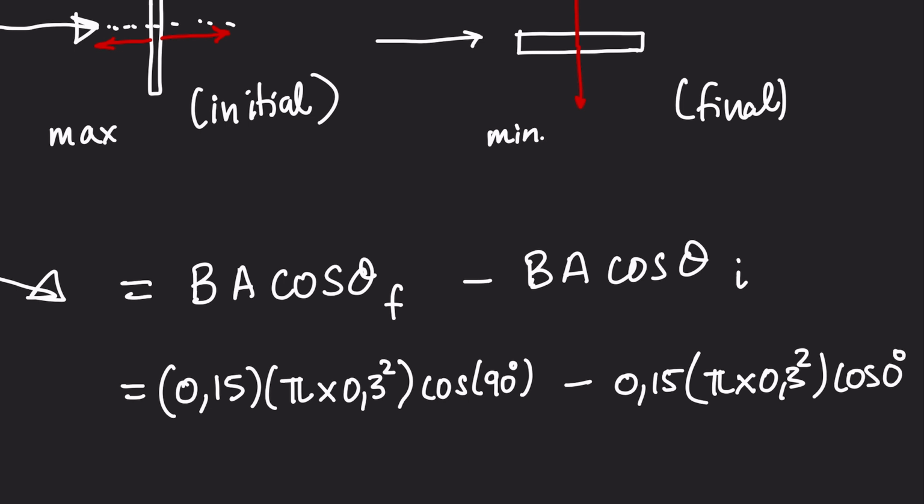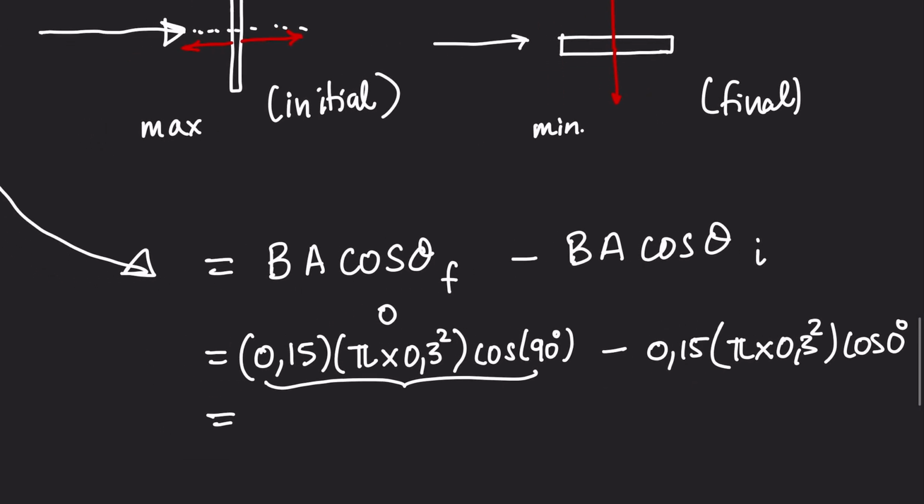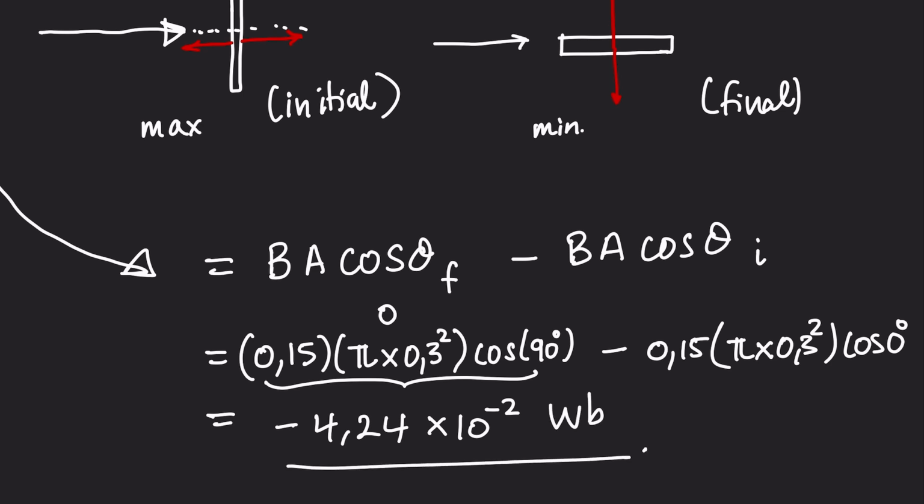If you put that in the calculator, cos of 90 is 0, so this entire first term is 0. So the final answer is going to be minus 4.24 times 10 to the minus 2 Wb. Remember, magnetic flux is measured in Webers, so Wb.